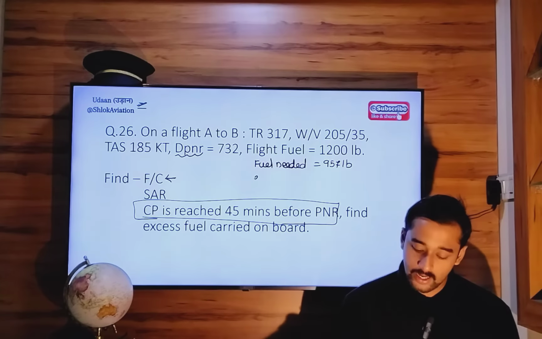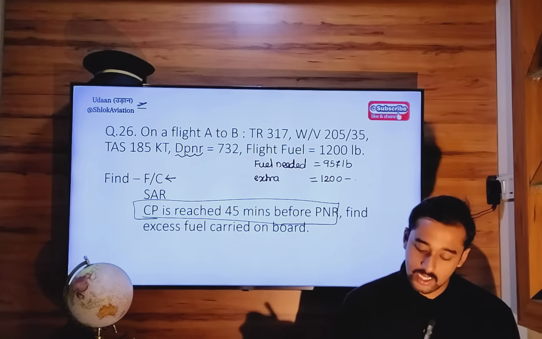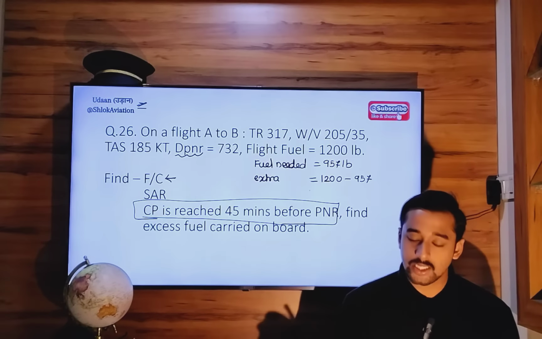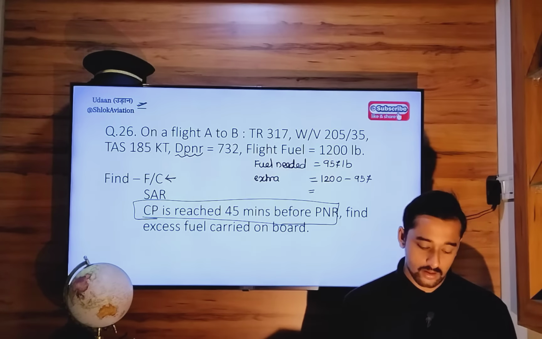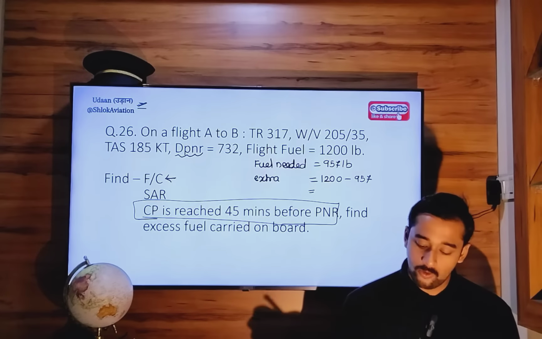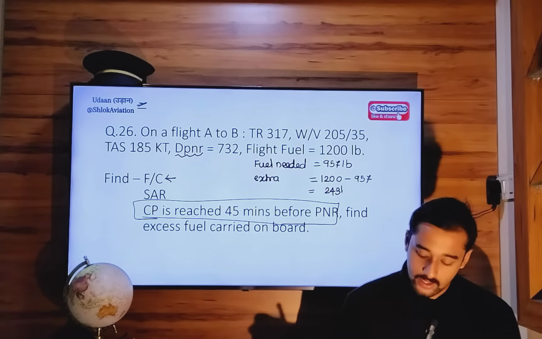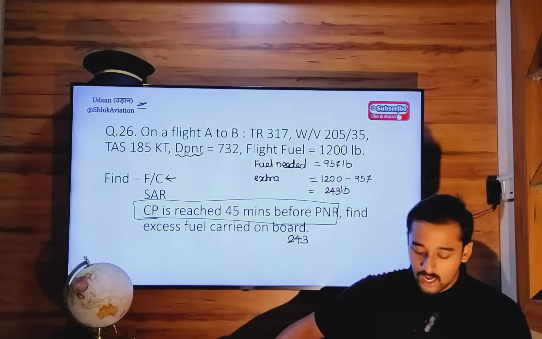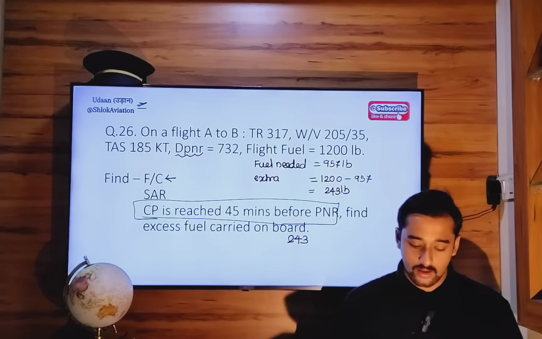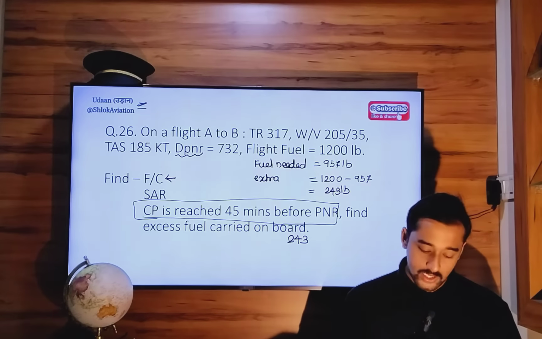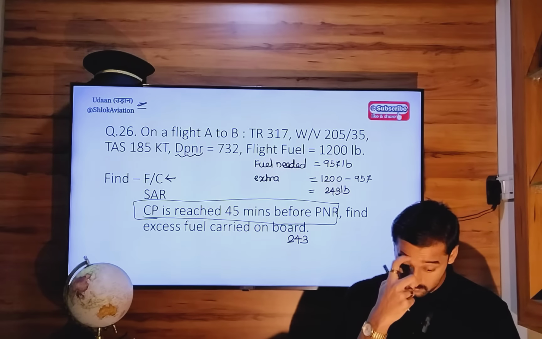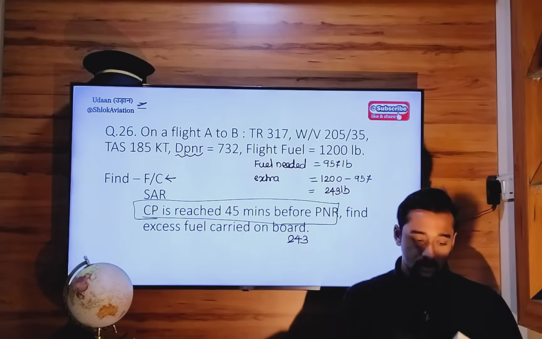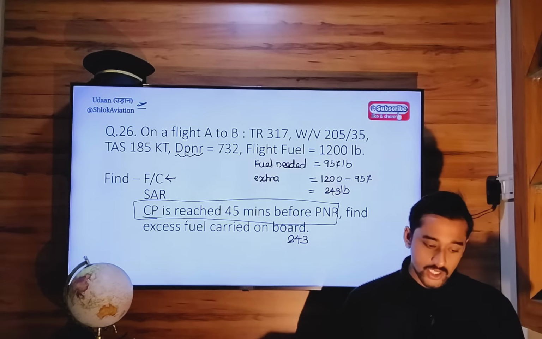So the extra fuel that you are carrying on board is 1200 minus 957, or 243 pounds. So this answer is 243. Okay, so this is how you do this sum. Very important sum. So select that option which is closest to this value.